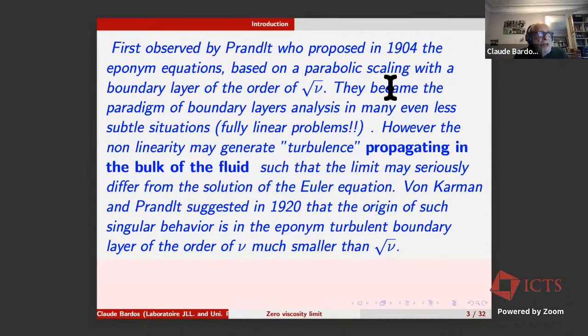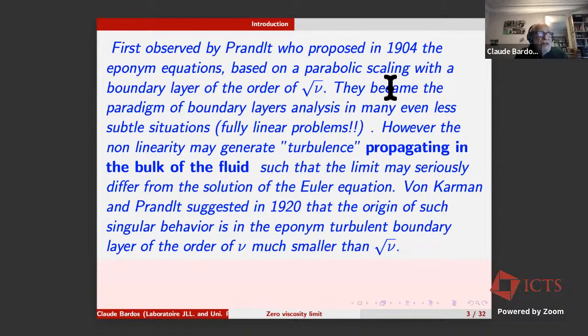And the reason why they were the most subtle one is that the nonlinearity is strong enough. Strong enough means that it may generate turbulence, that from the singularity near the boundary, the singularity will propagate in the bulk of the fluid, and at the limit, for nu going to zero, the limit may be seriously different from the solution of the Euler equation.